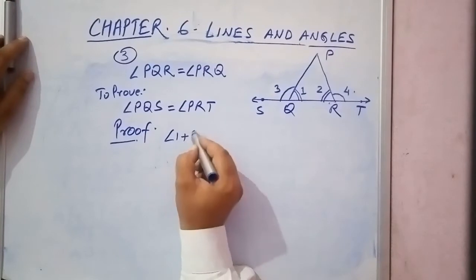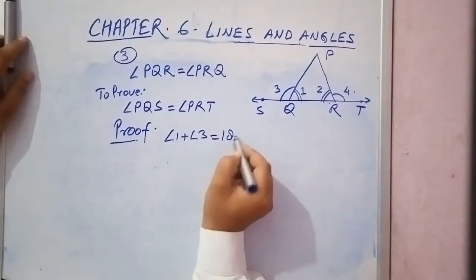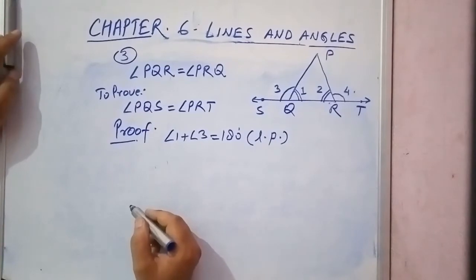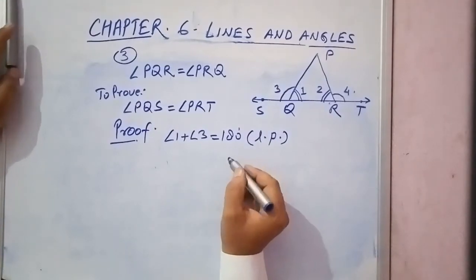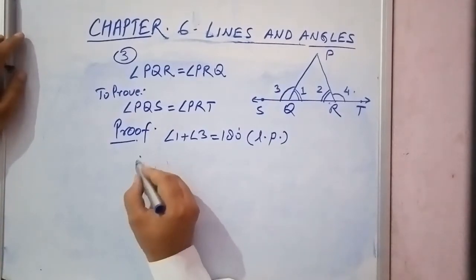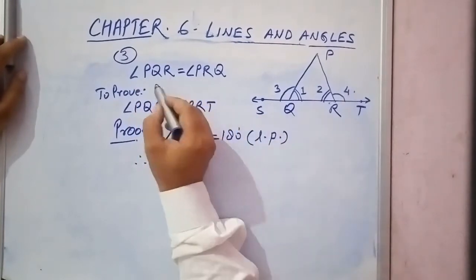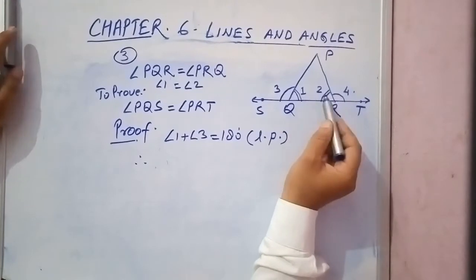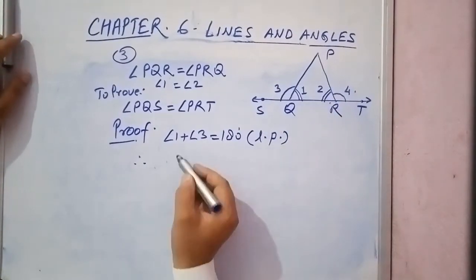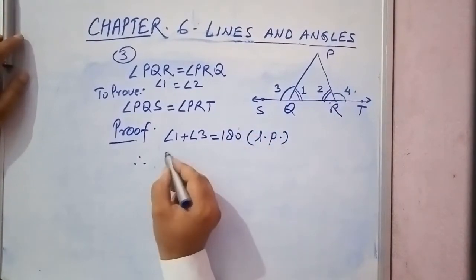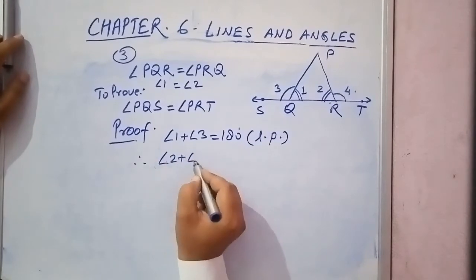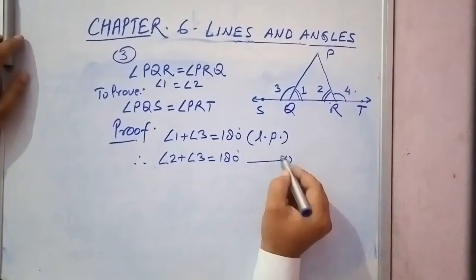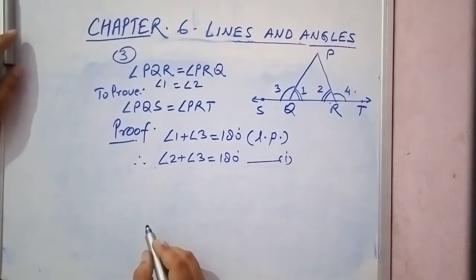Angle 1 is given equal to angle 2, so put the value of angle 1: angle 2 plus angle 3 equals 180 degrees. Let this be the first equation.